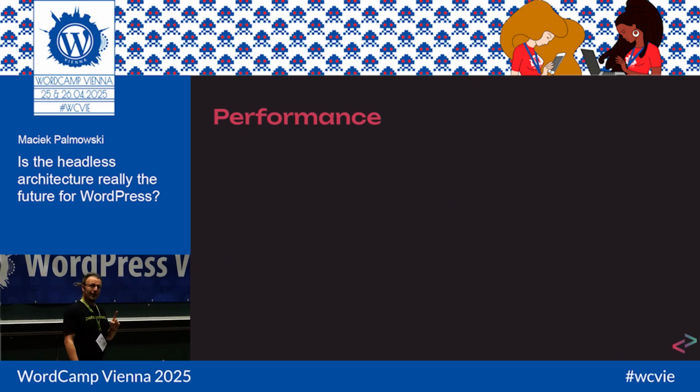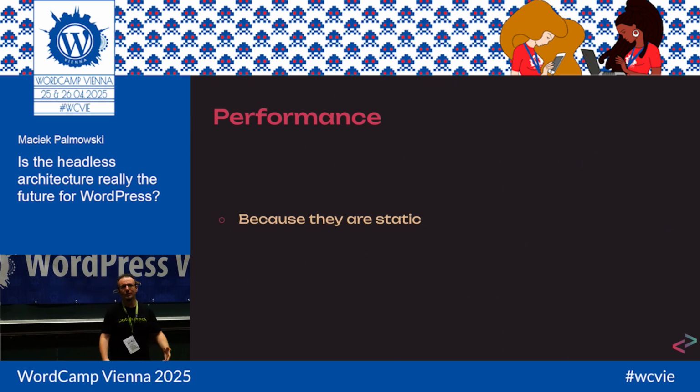And in some cases, it's true. For example, do you remember when Gatsby was first popular? Everyone started converting their websites to Gatsby. And everyone was posting on social media, look, my WordPress is finally very performant, very quick. And it was, but not because they changed architecture. It was fast because they converted their website into static.